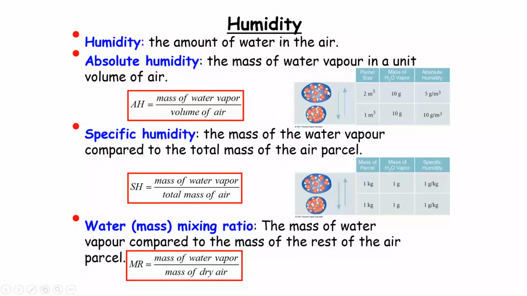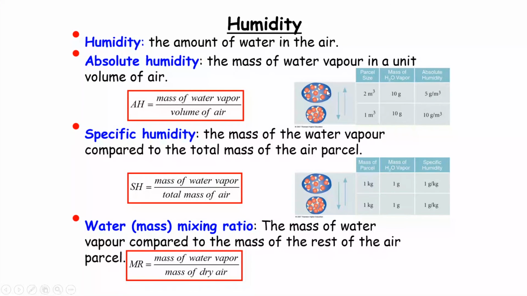This is one air pocket, its volume is 2 meter cube, and the mass of vapor in this pocket is 10 grams. Therefore the absolute humidity is 10 by 2, that is 5 gram per meter cube.